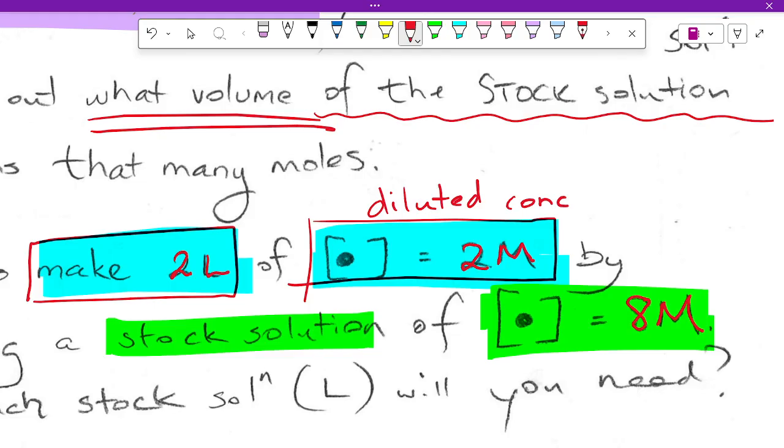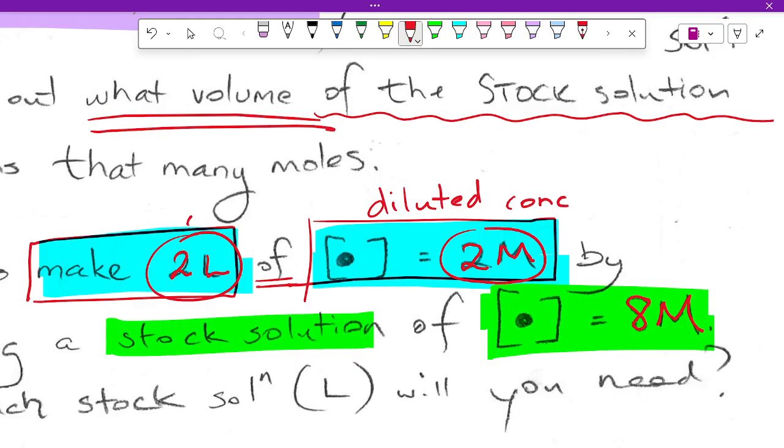To find moles, yeah, these two numbers are connected to each other, yes? We have 2 liters of this, so those two are connected.